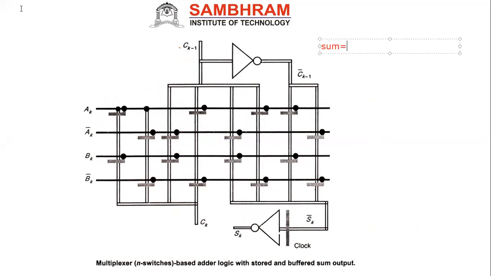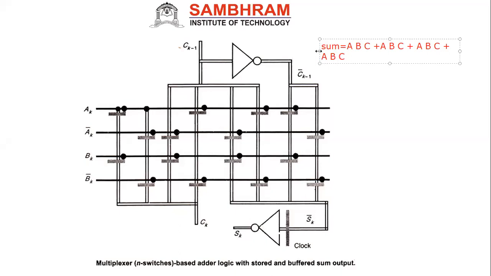AB is the control signal, and C is the input. So I can say A, B, C. First I will write all these terms. There will be 4 terms: A, B, C plus A, B, C plus A, B, C.